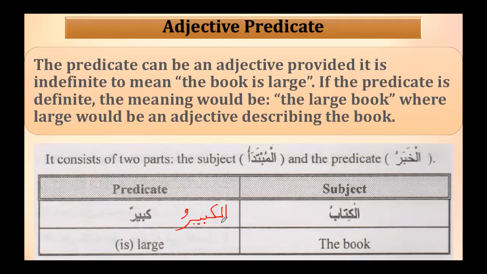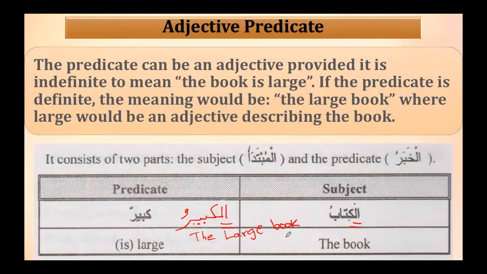Because now, look, this has al and this has al. The meaning is now the large book. The meaning is different than the book is large. The large is now an adjective.